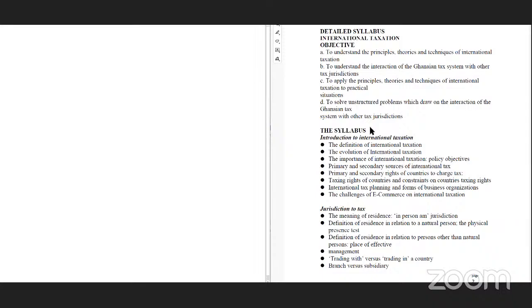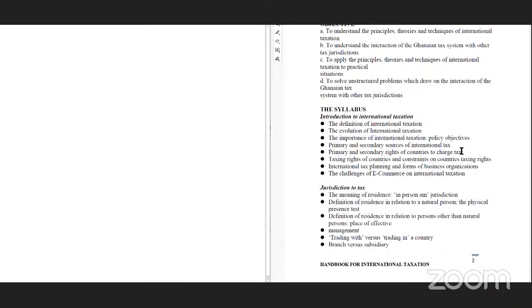B is to understand the interaction of the Ghanaian tax system with other tax jurisdictions. Is that not what we just talked about? I believe so, right? To apply the principles, theories, and techniques of international taxation to practical solutions, and to solve unstructured problems, we draw on the interaction of the Ghanaian tax system with other tax jurisdictions.